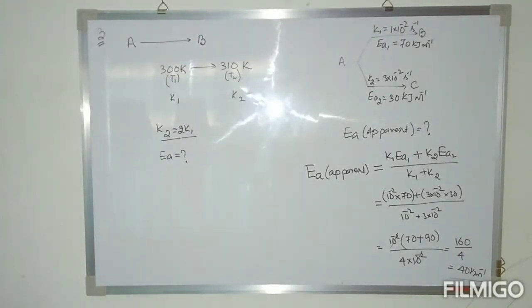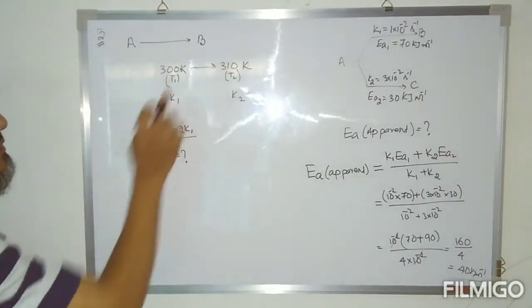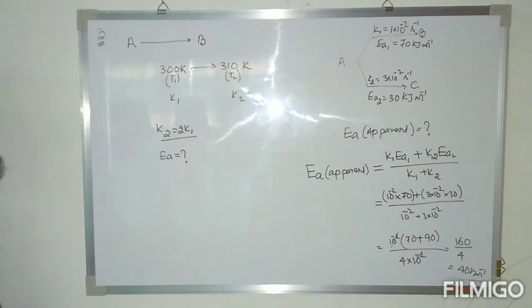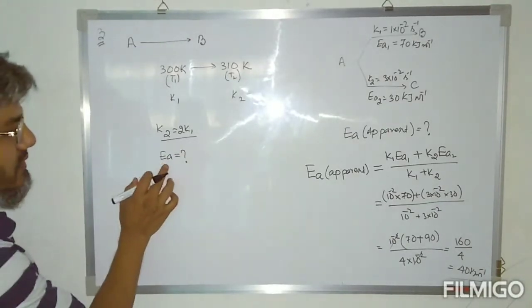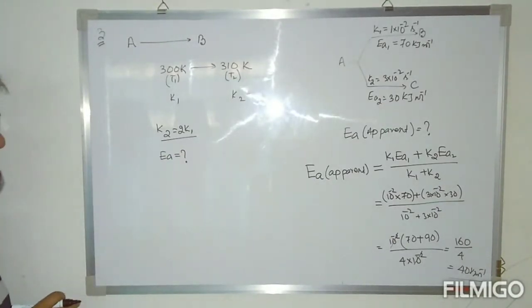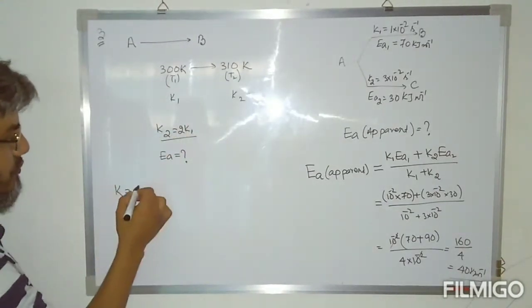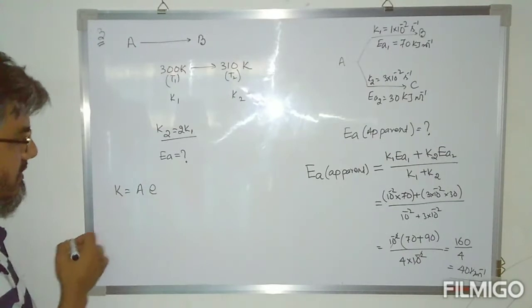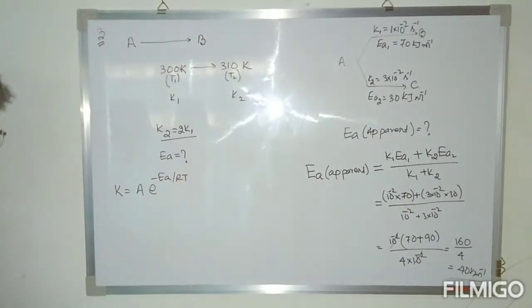Now we have to find the value of activation energy for this reaction, in which the rate of reaction doubles on increasing temperature from 300 to 310 Kelvin. So again, in this problem we have to use the Arrhenius equation, which says K is equal to A exponential minus EA by RT.